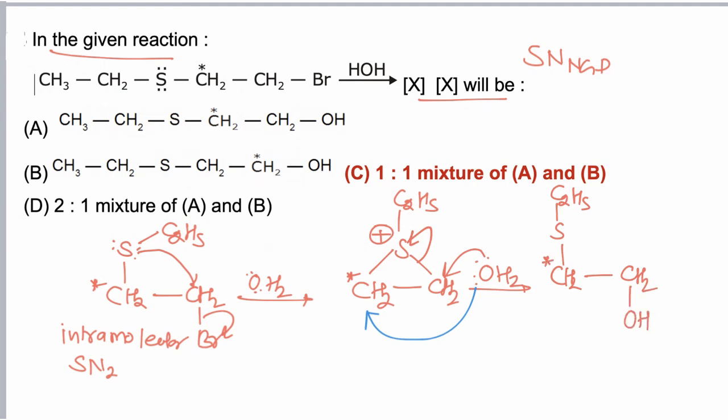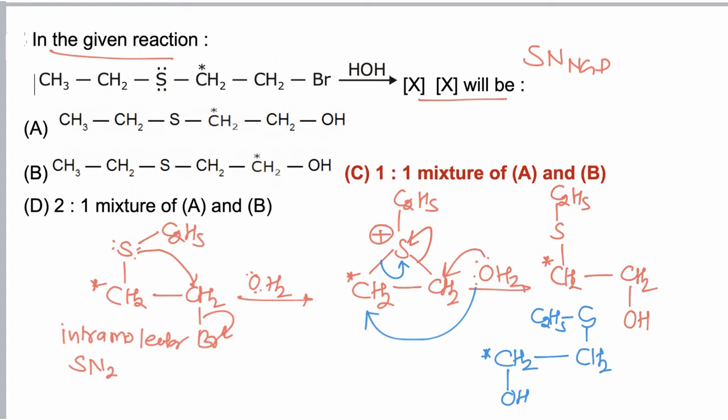There is another possibility. Water can attack at the starred carbon. As water attacks, this bond starts breaking. Finally, we get CH2, OH. Now OH is attached at the starred carbon, CH2, S, and C2H5.